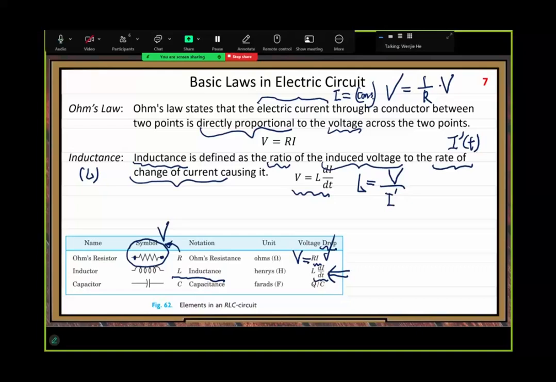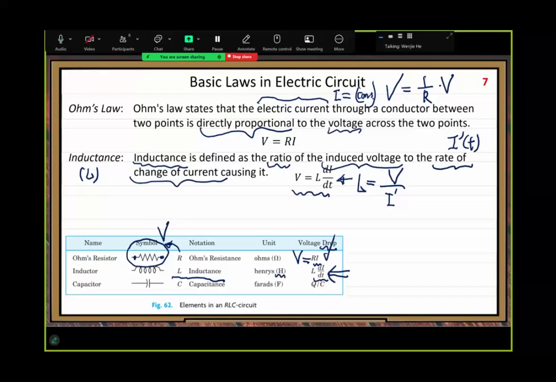That's the definition: V over I prime. So that formula is just the equivalent form. All right, so the unit is henrys.